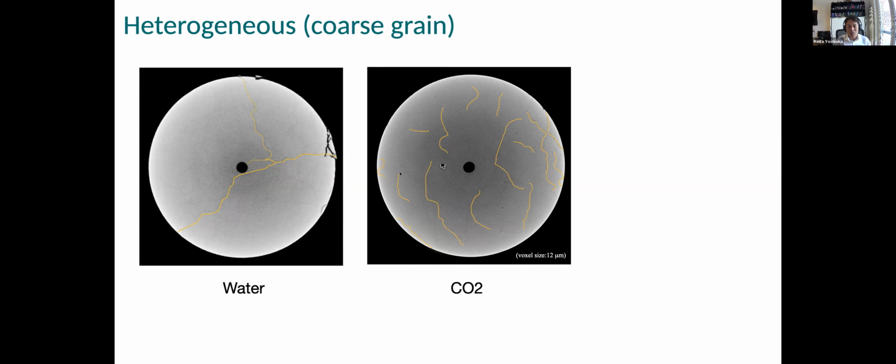We don't see these big planar fractures anymore. These fractures are small and isolated, and they do not initiate from the borehole. They nucleate at isolated locations remote from the borehole.